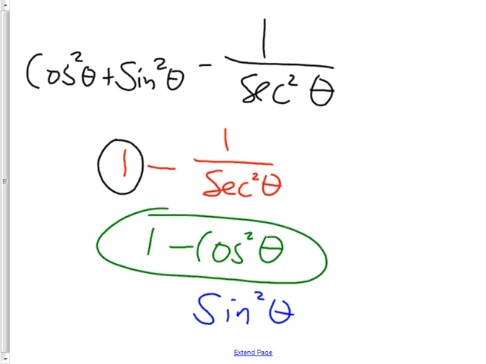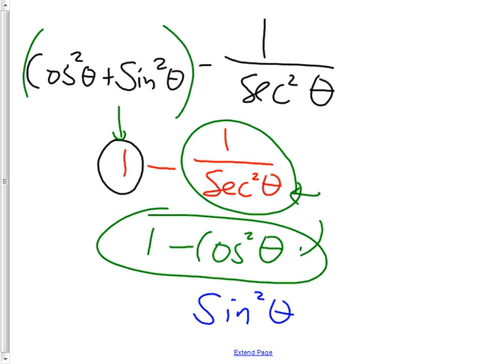You see how the black one looks like a test question? That's how you could have made a test question. And then the kid's first response hopefully would have been to go, well, I know that's equal to 1, so they'd have put a 1 there. And then I know 1 over secant is really cosine, so you'd have put that. And then I notice 1 minus cosine squared, that's really sine squared, and you got that.